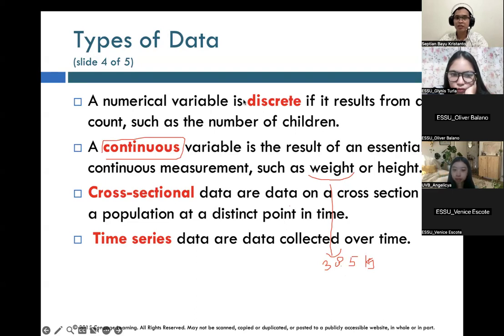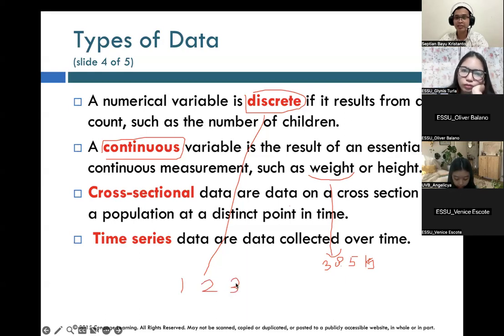But the difference with discrete variables is that they are countable variables that cannot be expressed in continuous measurements. For example, do you have a child or not? And what is the number of your children? You can say I have one child, or two children, or maybe three children.